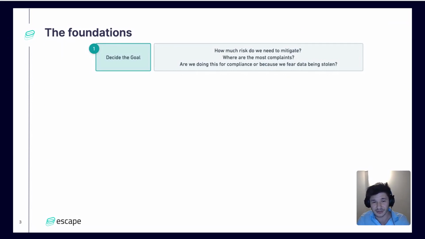And are we doing this for compliance because we need to comply with specific security standards, or because we fear that our data would be stolen, or because we fear that our product would get downtime or be a victim of denial of service? So understanding why we are doing this application security project, why we're trying to protect the product against hackers and external threats, is important.